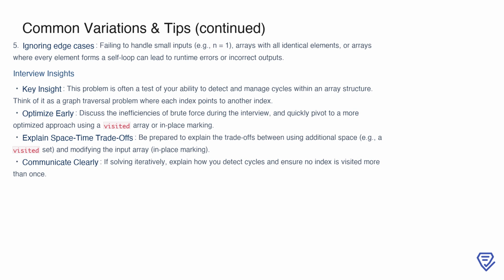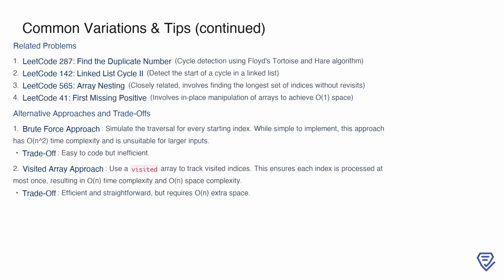Be ready to explain the trade-offs between extra space, like a visited set, and modifying the input array directly. Finally, as you solve the problem iteratively, make sure you clearly articulate how you avoid revisiting indices and how you detect cycles effectively.